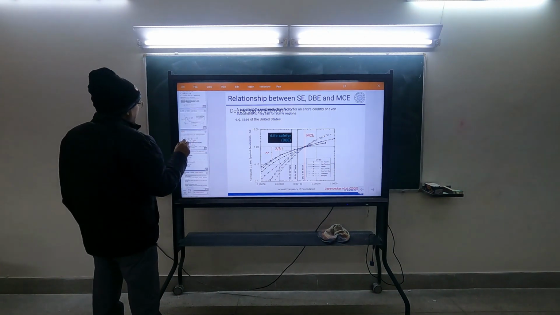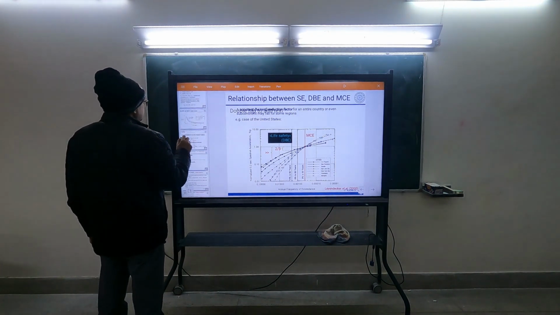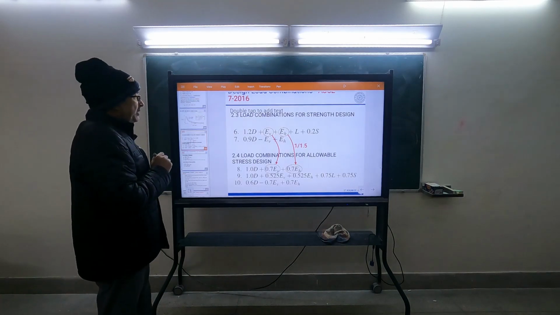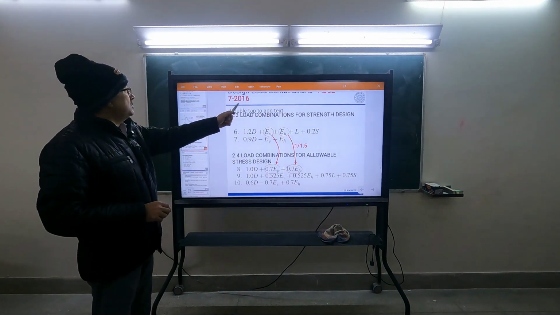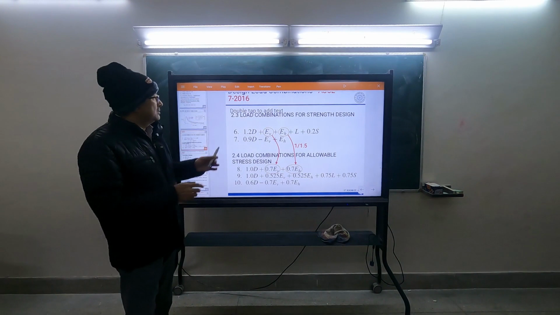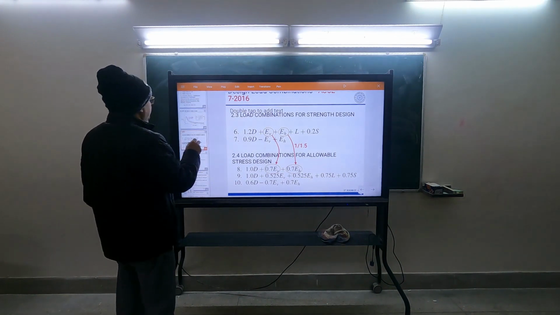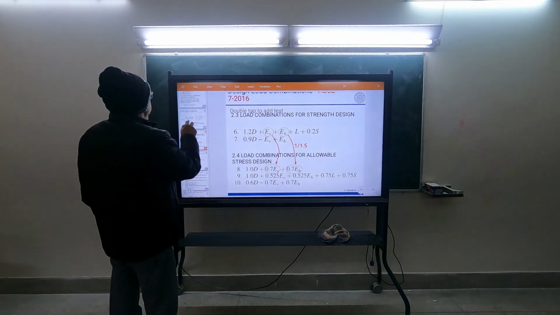And if you look at the load factor, this is also interesting. Look at ASCE 7, not our code.